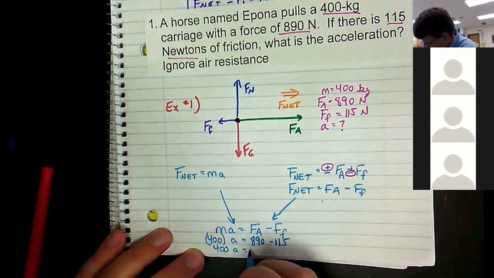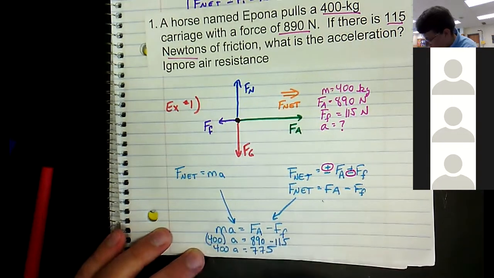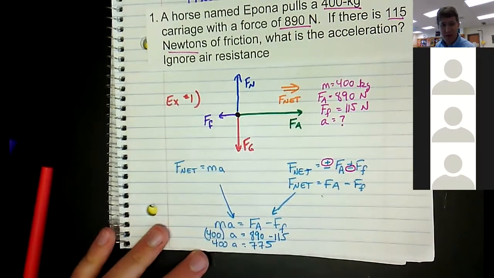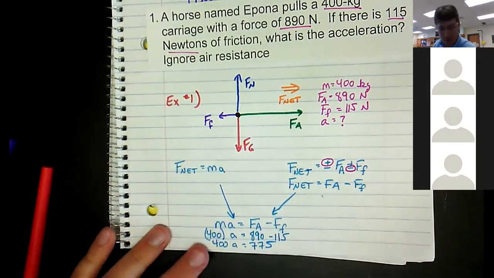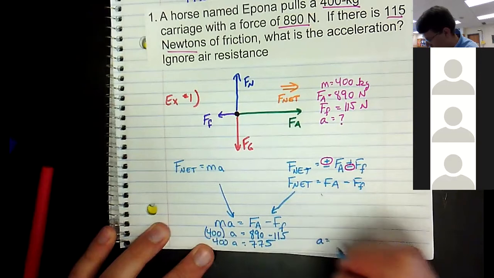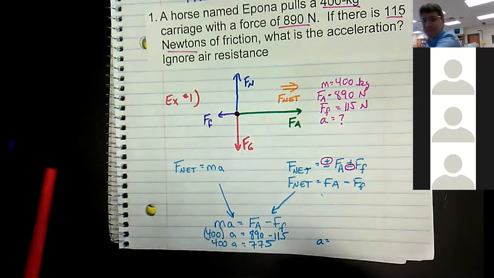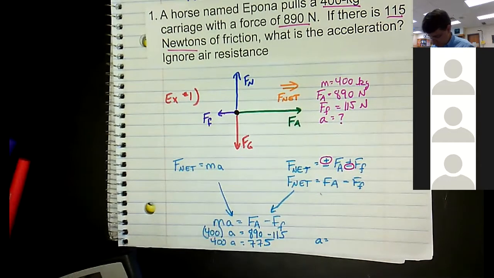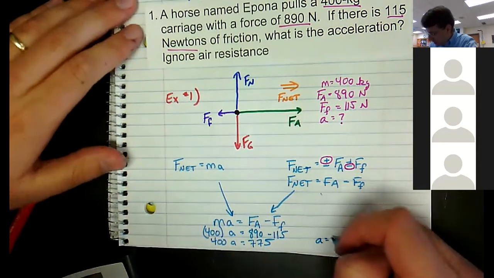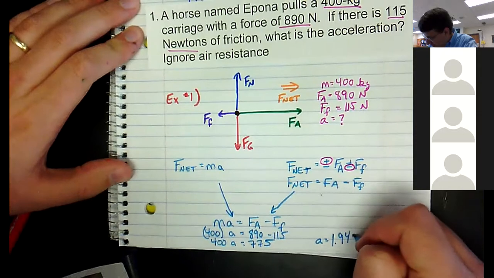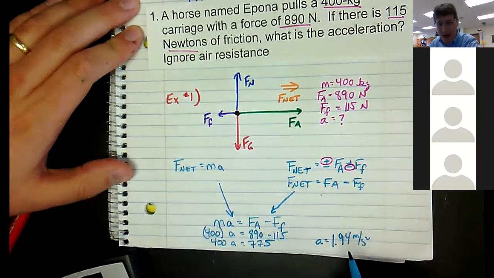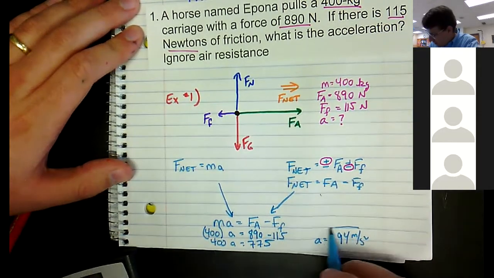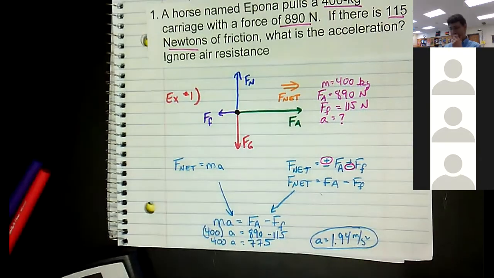Yeah, thank you. Thanks, Jacob. Then I divide both sides by 400. That's how I get 1.9 meters per second squared as the acceleration.